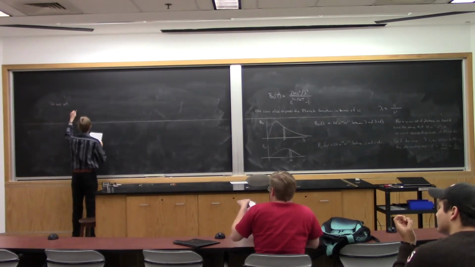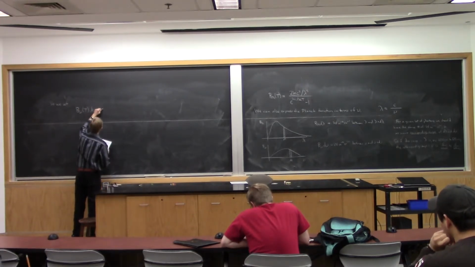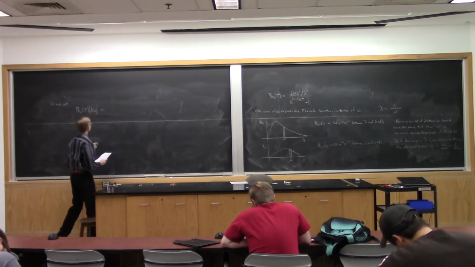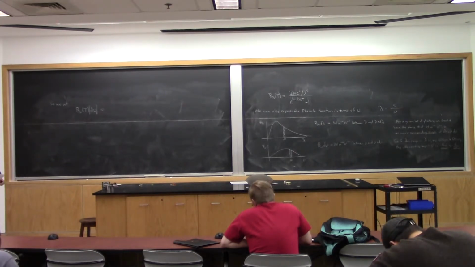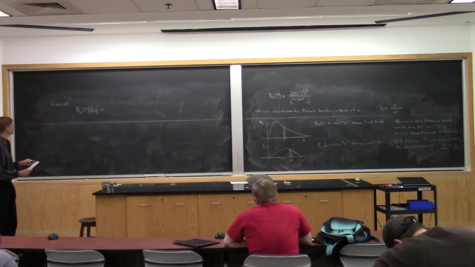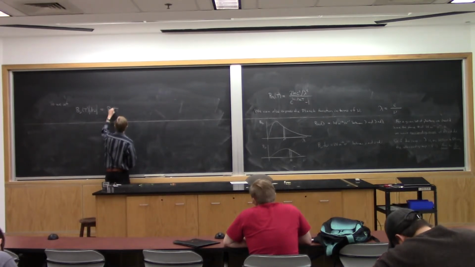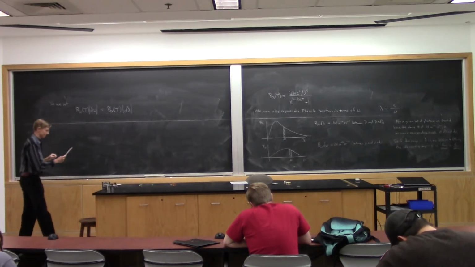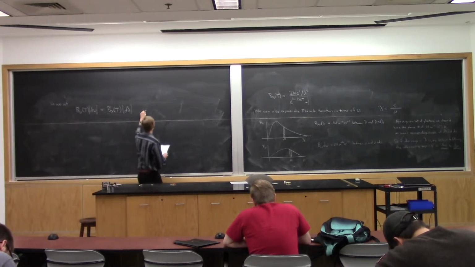We set B nu of T times the absolute value of d nu, and I'll put an absolute value sign around the d nu to say I just care about the total range in frequency, not whether I'm going from a lower frequency to a higher frequency or vice versa, equal to B lambda of T times the absolute value of d lambda, where d nu corresponds to d lambda.